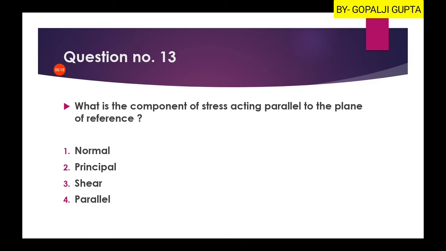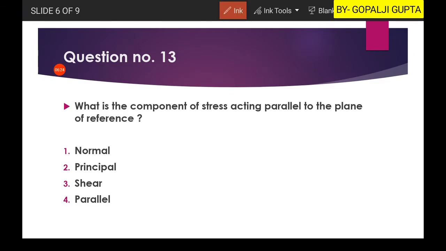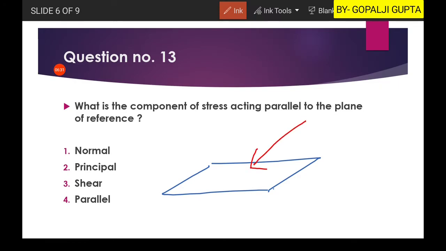Now the next question is, what is the component of stress acting parallel to the plane of reference? If we have a plane of reference like this and any stress like this, the stress will have two components. One will be perpendicular, along the y-axis, and another is parallel, along the x-axis.